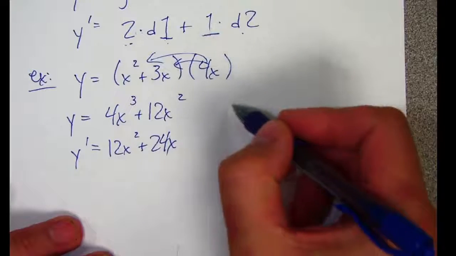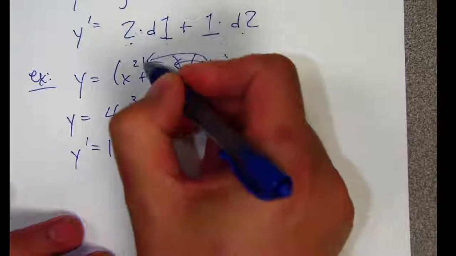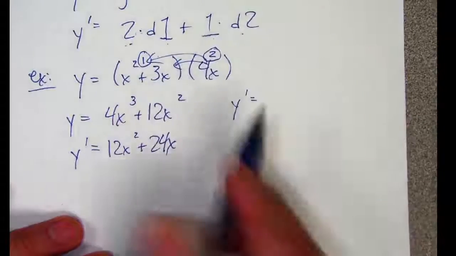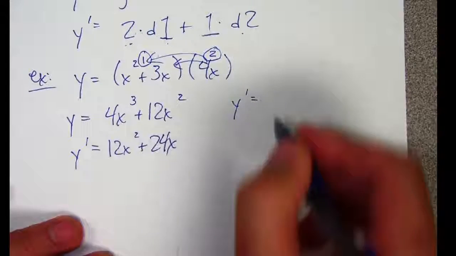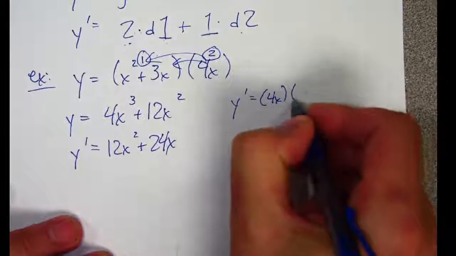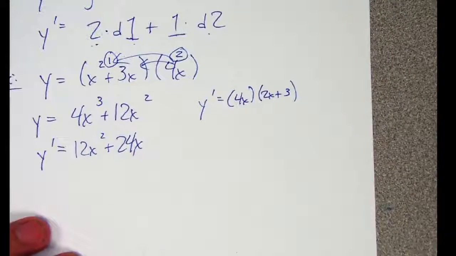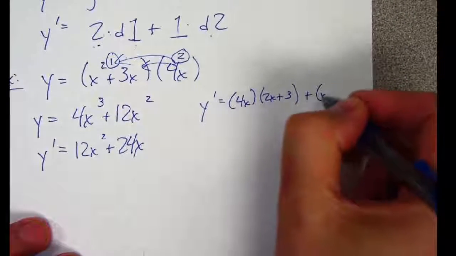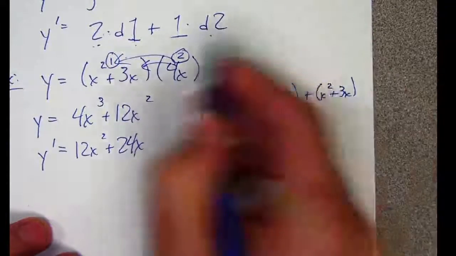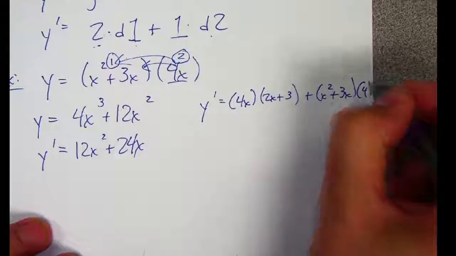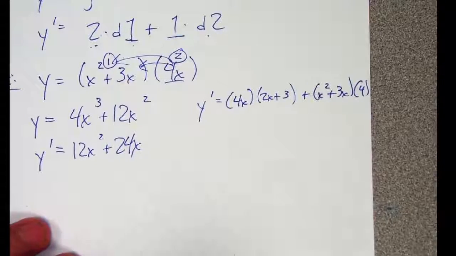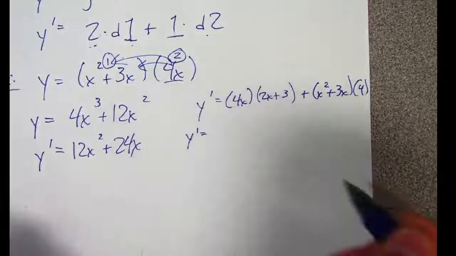So if I'm doing product rule, I'm going to call this my first part and this my second part. It's 2d1 plus 1d2. So the second thing times the derivative of the first thing, which is 2x plus 3, plus the first thing times the derivative of the second thing, which is 4. And then I would need to clean this up a bit.